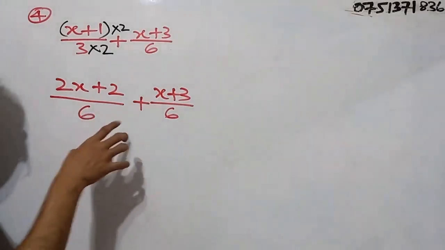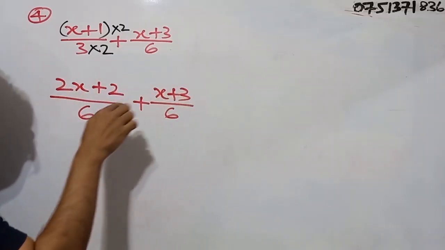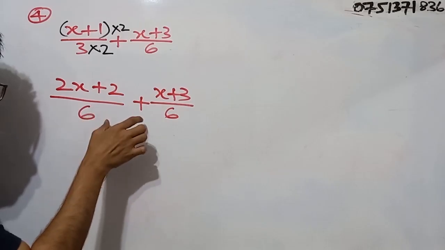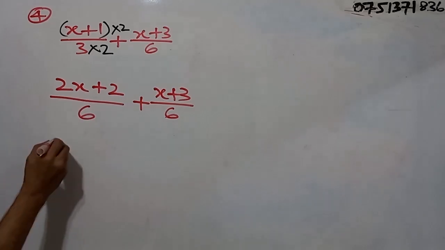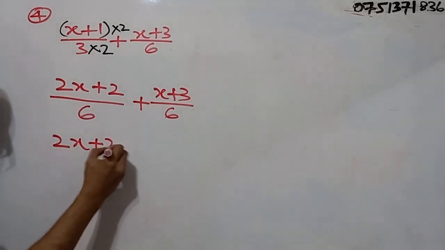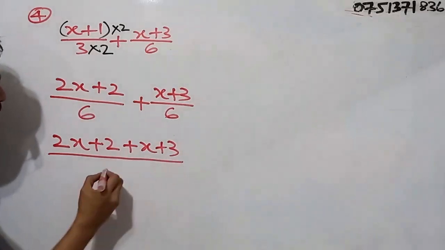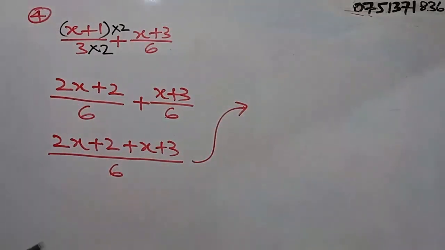Okay, so now I will rewrite these two additions of algebraic expressions in another way. Okay, so I can write 2x plus 2 plus x plus 3 entire expression divided by 6. Now I will continue from here, right?